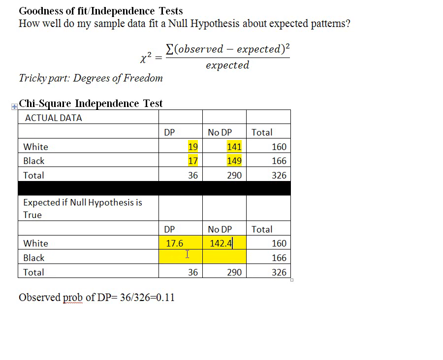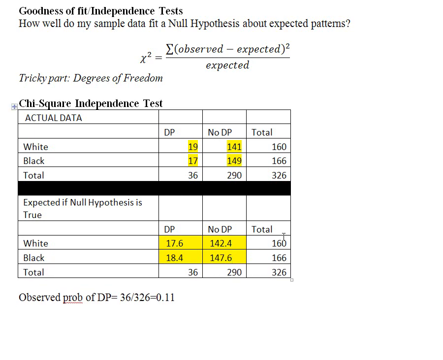This is an important idea that we'll come back to in just a second. So 36 minus 17.6 equals 18.4. And here, 18.4 plus something equals 166. So 166 minus 18.4 equals 147.6.